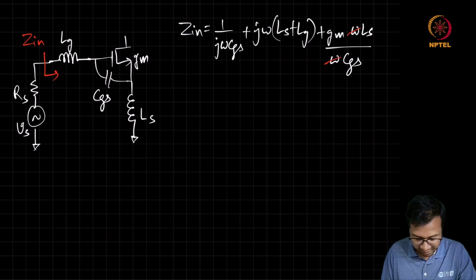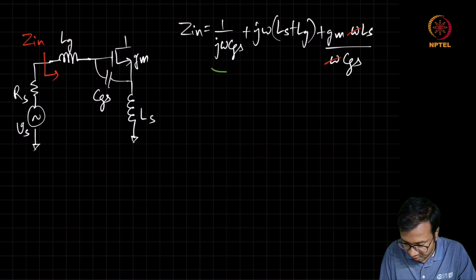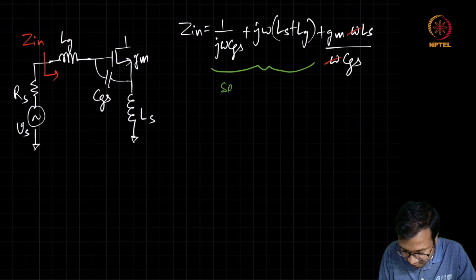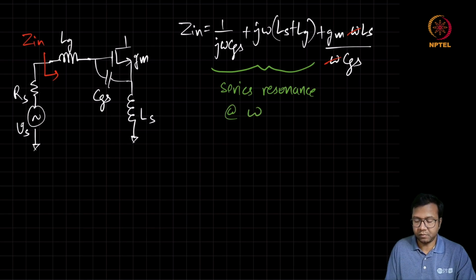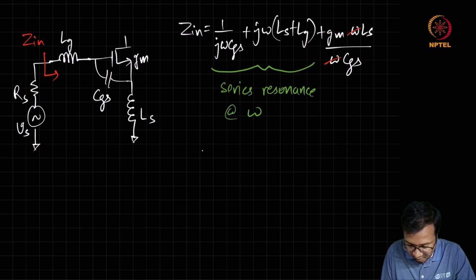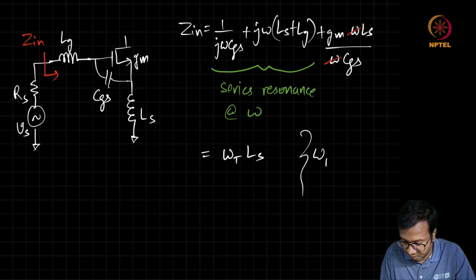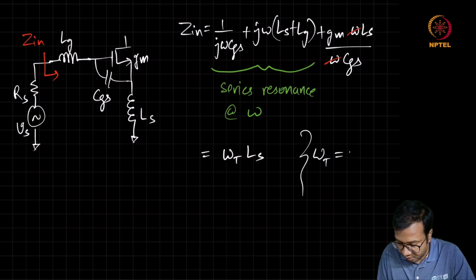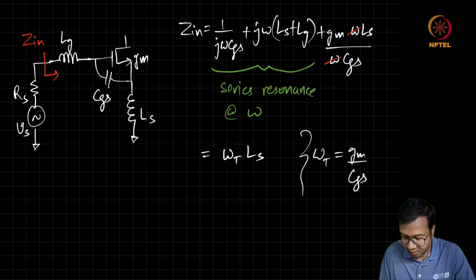So omega gets cancelled, and another part is series resonance at omega. So these reactive components will just cancel each other, so that Zin is going to be a purely real quantity equal to omega T Ls, where omega T, if you remember, is the transit frequency gm by CGS.